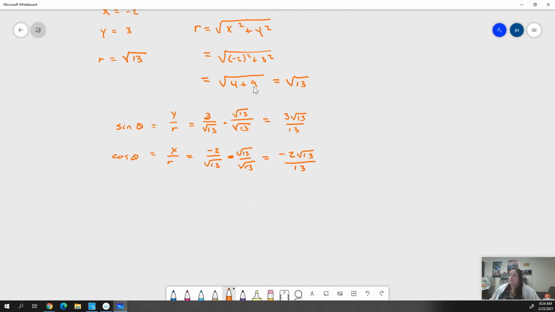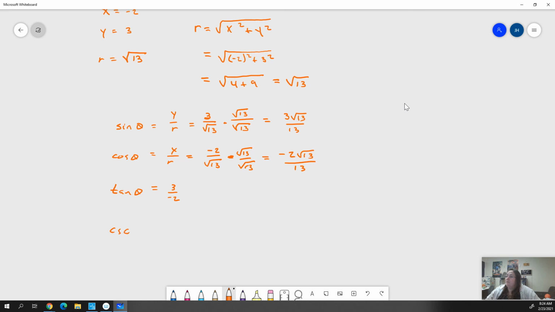If you get a square root in the denominator that's not a perfect square, you're going to have to rationalize that. Where we get lucky, though, is in tangent. Tangent of theta is just y over x, so we're just looking at 3 over -2. Nothing to rationalize there, right?